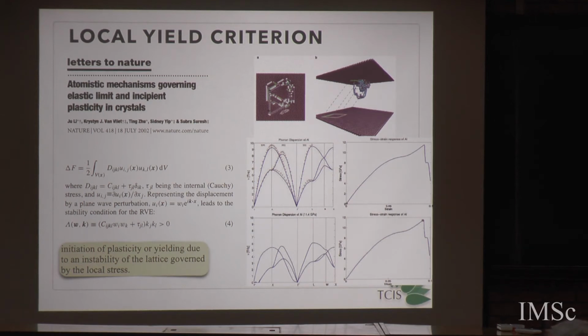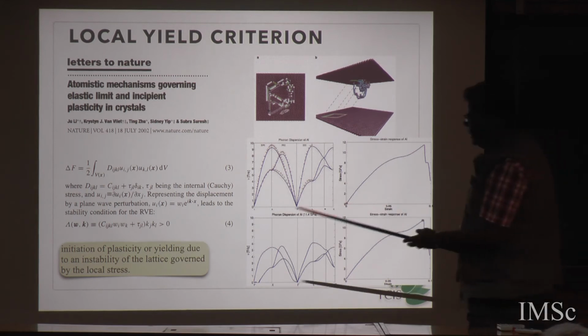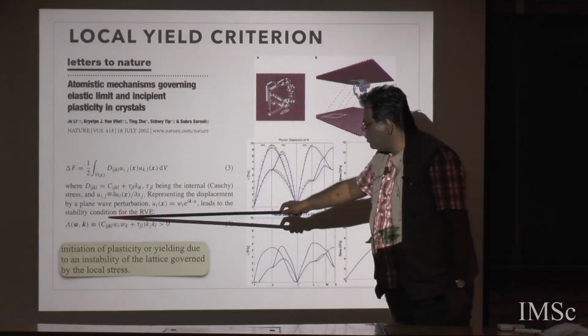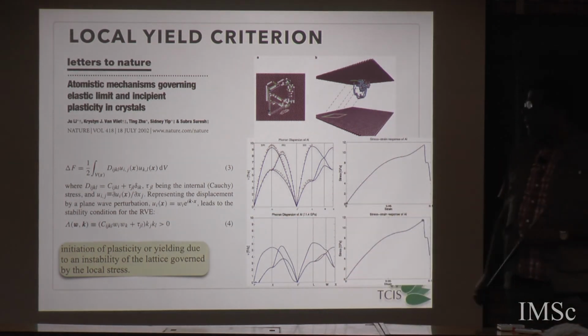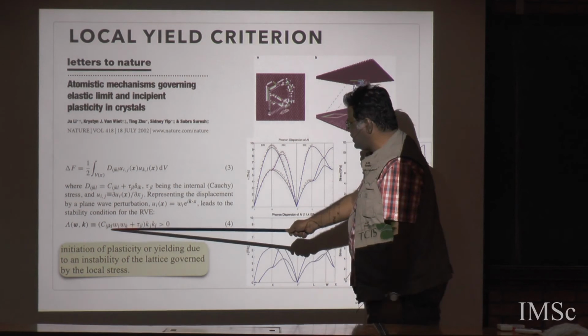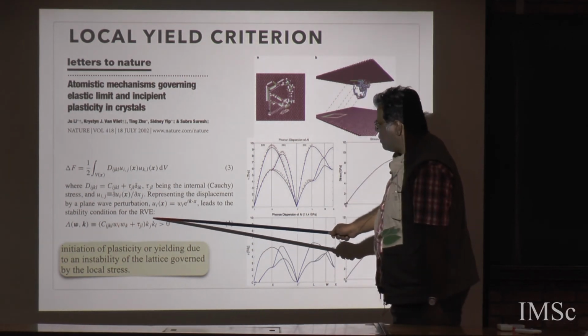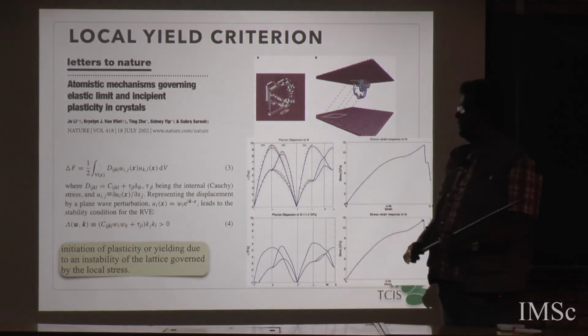You can also devise a local yield criterion. These local yield criteria will be useful for exactly the sort of situations that we had talked about, when you have an indenter. And this local yield criterion has to do with the local stability of the lattice. So you have the local elastic constants, and then you have the distortion field.